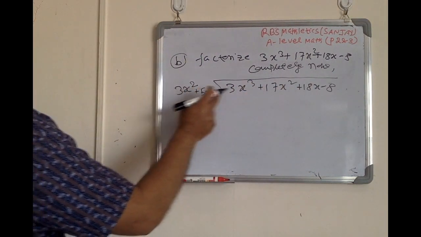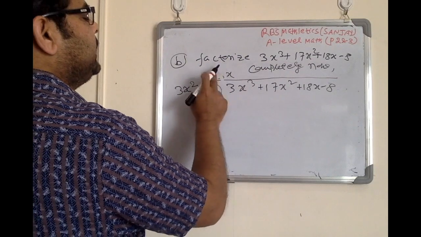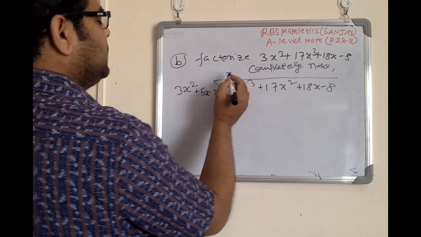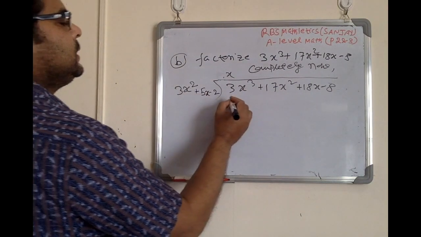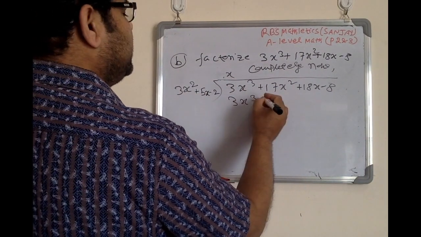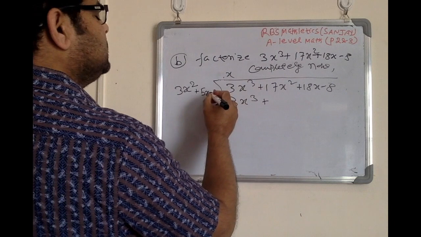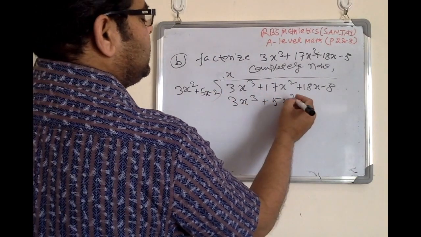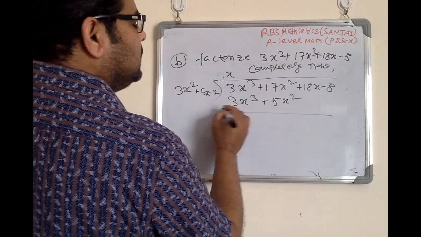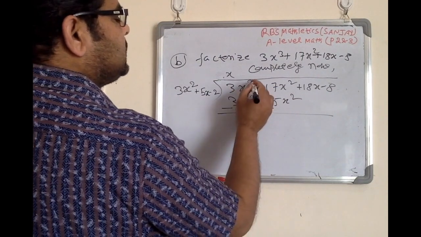So this is 3x squared and this is x cubed. So you start with x, so it is going to be x times x squared, x cubed. So this is 3x cubed, and then this is plus 5 times x, 5x squared, and then subtract these two terms.